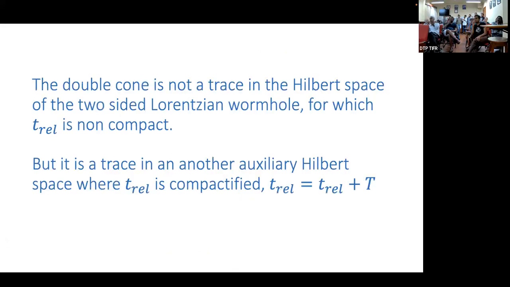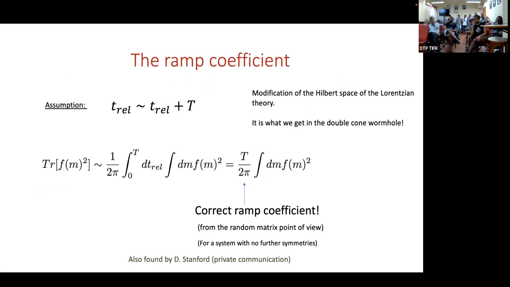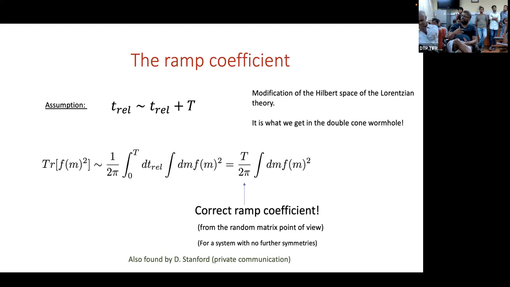Now, one question. Probably something that I didn't understand. I didn't quite get how this compactification leads to a finite domain for relative time, because I would have thought that has to do with the quantization of energy.